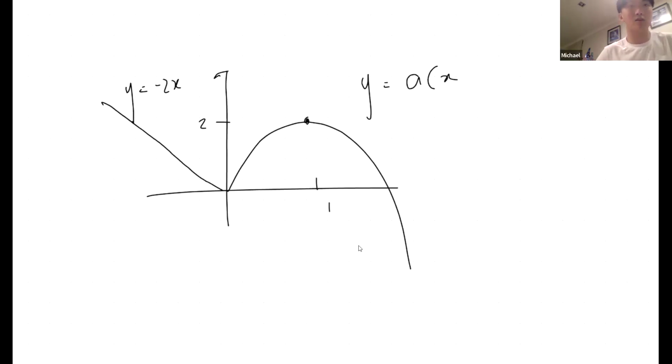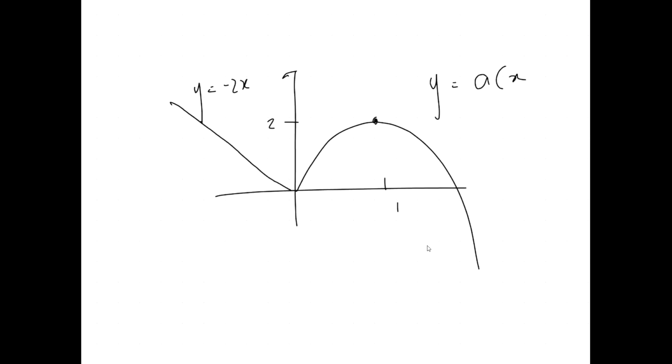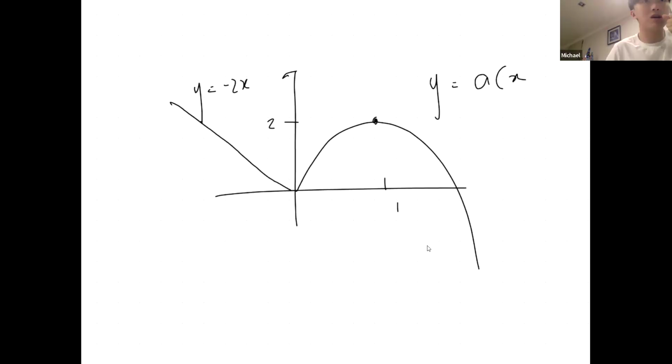I'll see if both of you know it. The vertex is 1, 2. So what is the equation?